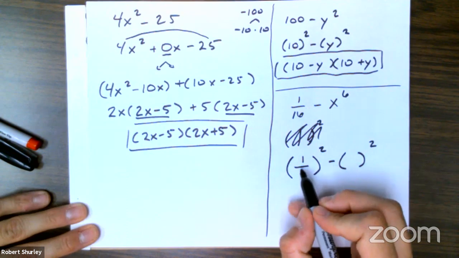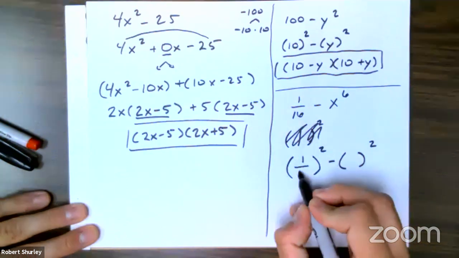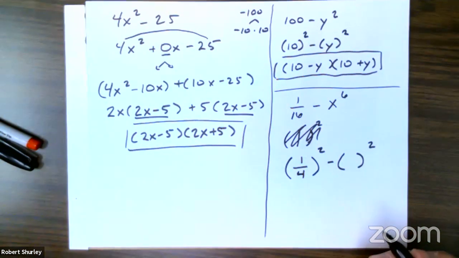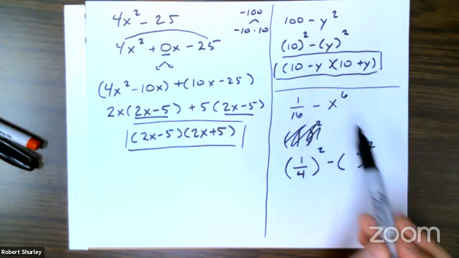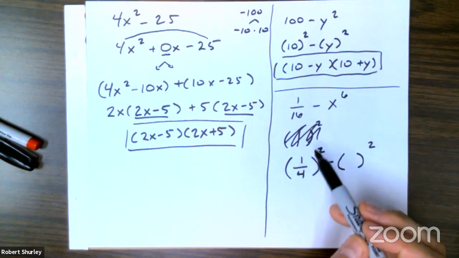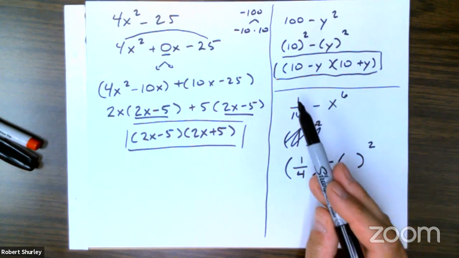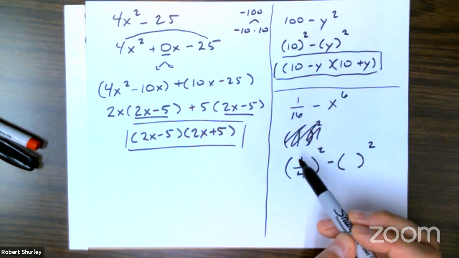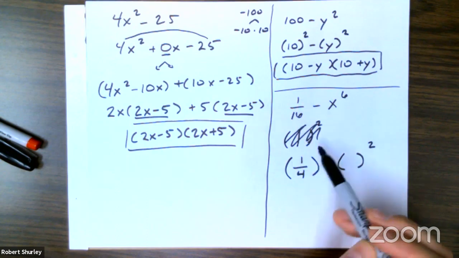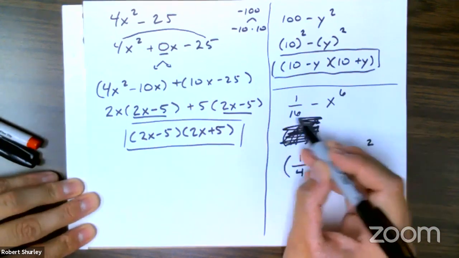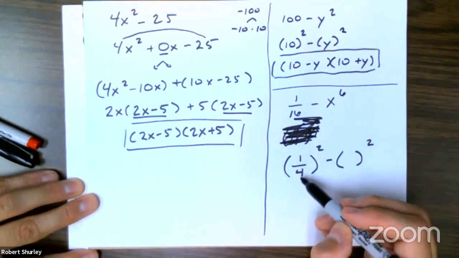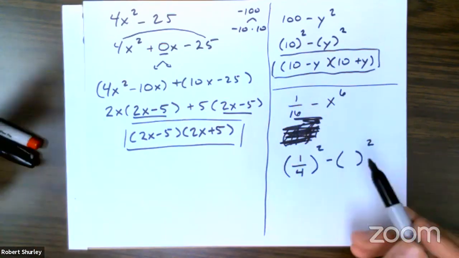And what do I square that gives me 16? 4 squared gives me 16. So if I come to a fraction and need to write it as something squared, I think of what I can square to get each part. 1 squared gives me 1, and 4 squared gives me 16. So 1/4 squared is equal to 1/16.